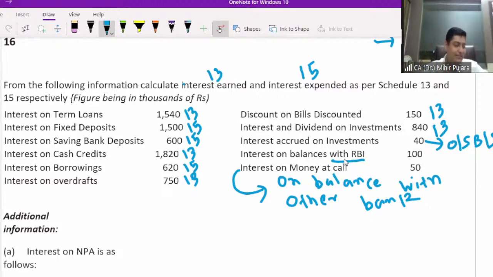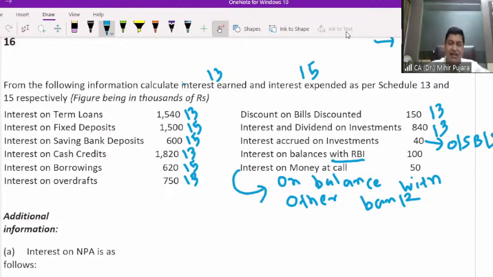So tell me guys, whether we will receive or pay both these interests. Will they be received by the bank or will the bank pay? Whether it is income or expense. Sir, naturally it is our income.